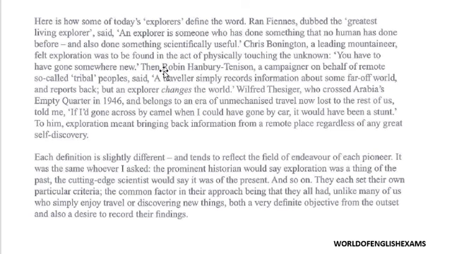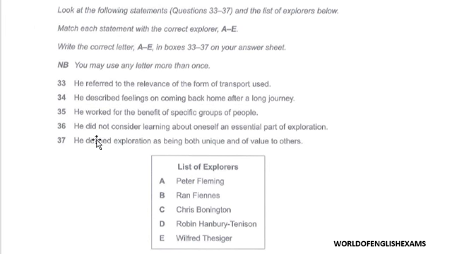So, a specific group of people. Who are they? Tribals. So who worked for the benefit of the tribal people? Robin Hanbury-Tenison. Let's go back to the options. You see that he worked for the benefit of specific groups of people. Who are those specific groups? Tribals. So what is the answer? It is D.